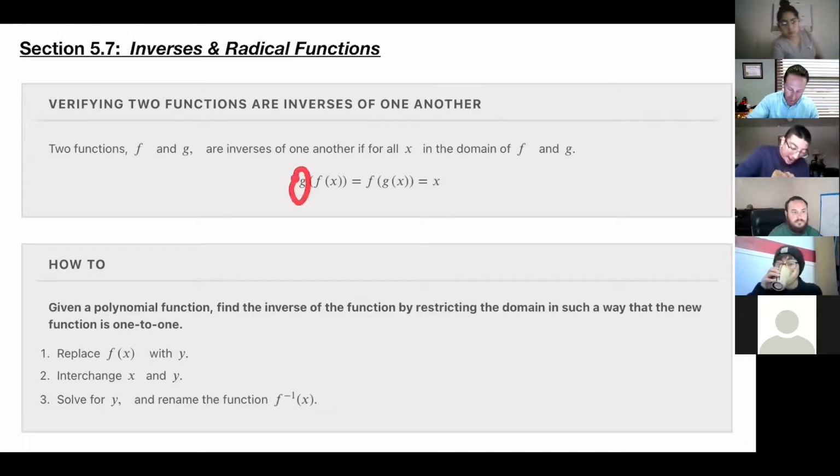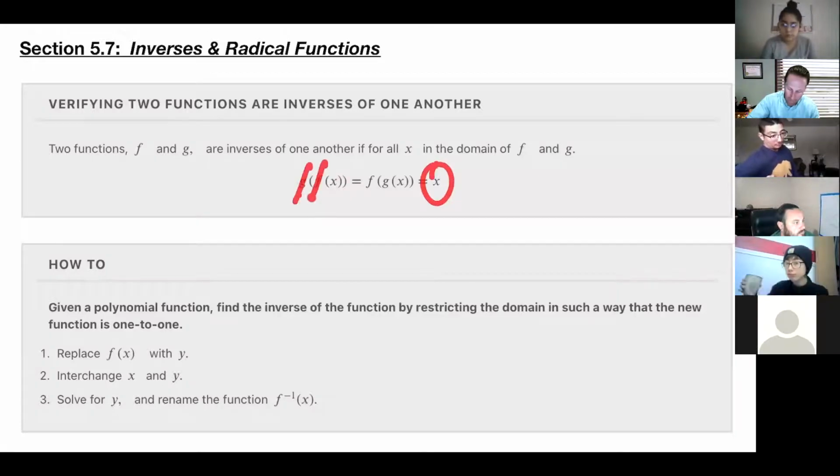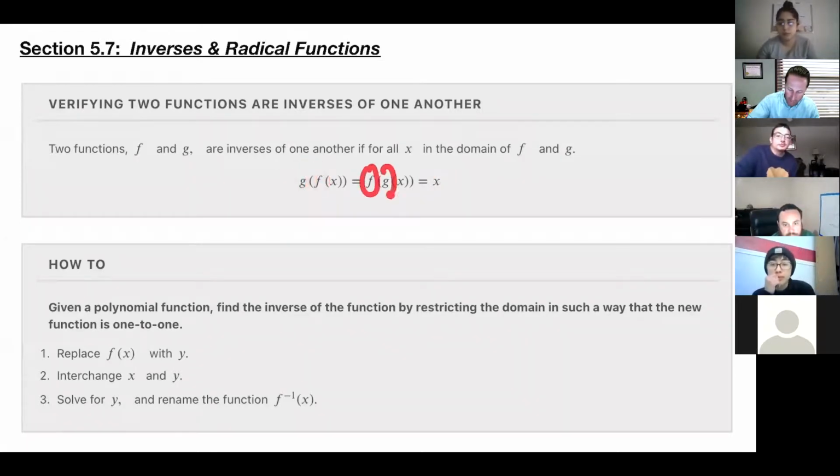So if I say that G and F are inverses of each other, and you plugged something into F, and you got that value, and then you plug that into G, well then you should get the x back out, because these are going to undo one another. And it shouldn't matter if you did G of F or F of G. If they're inverses, whatever you put in, these will undo each other. You should get that out.